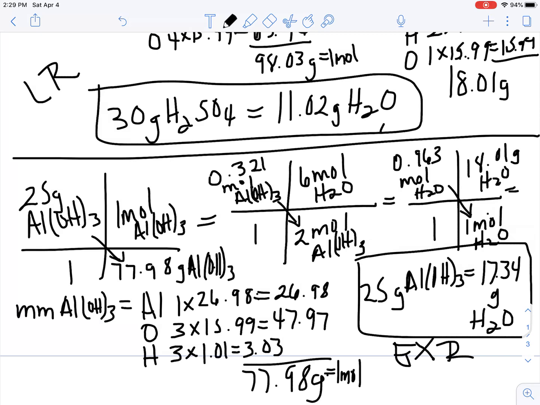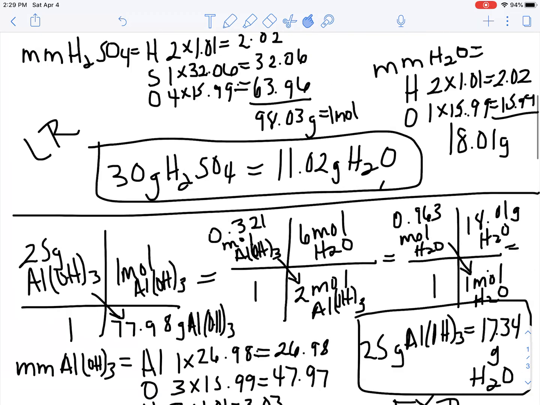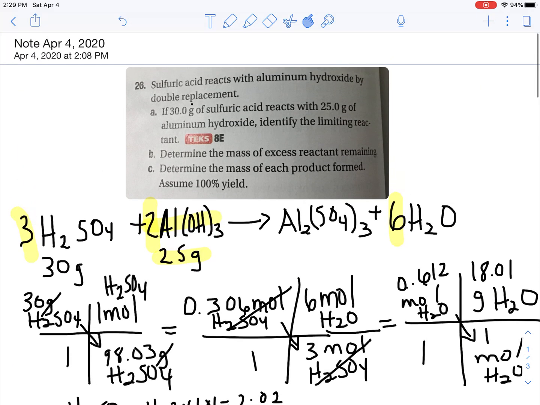All right, let's go back to the question and see if there's anything else we can answer. For the first one, identifying the limiting reactant, it would be the 30 grams of sulfuric acid. Did we determine the mass of the excess reactant that remains?